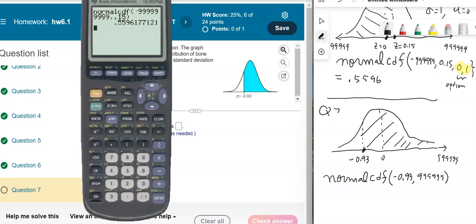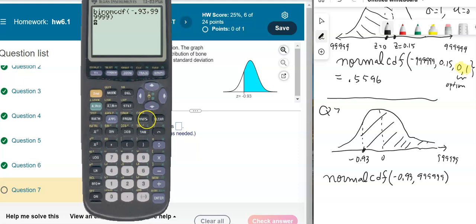So normal CDF, very clear. Second bars, normal CDF, and then negative 0.93, comma 999,999. Oops, did it again. Oh, I did binomial.